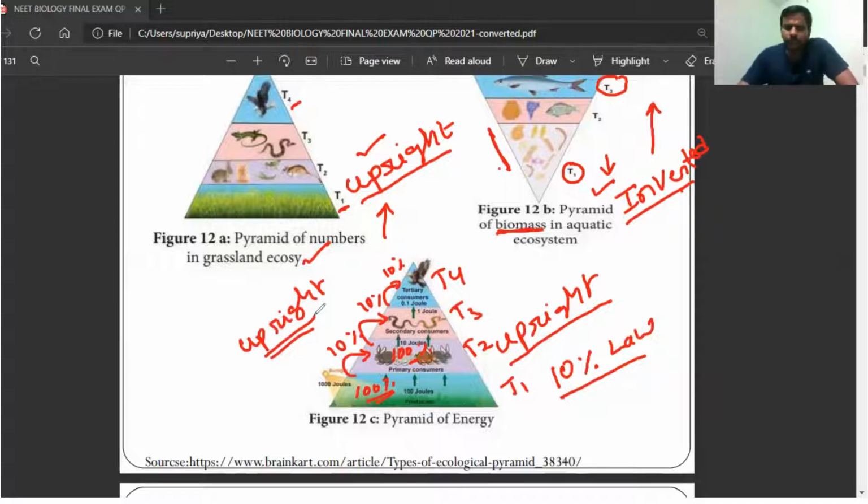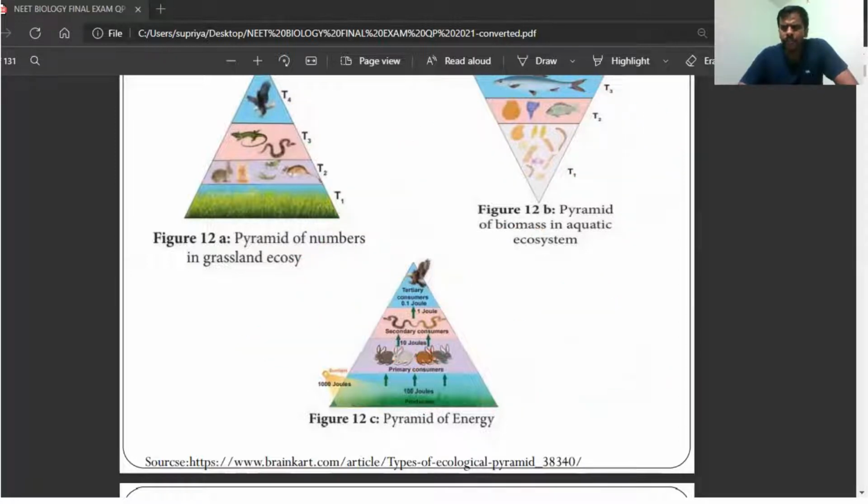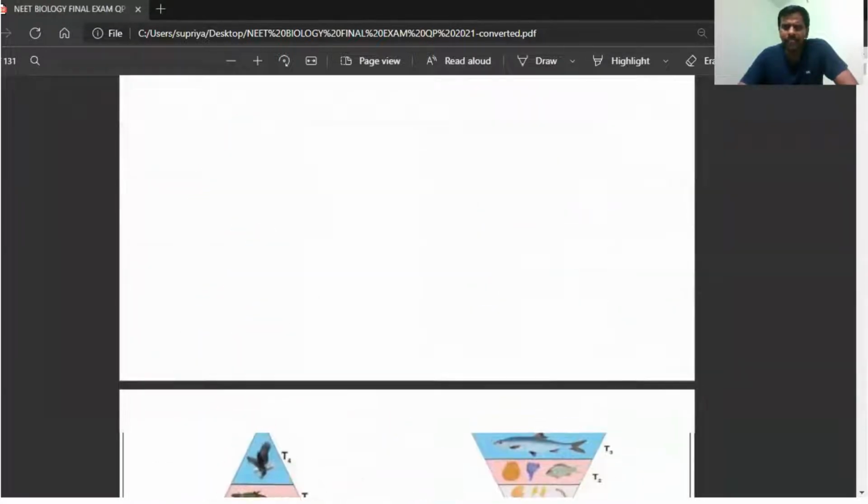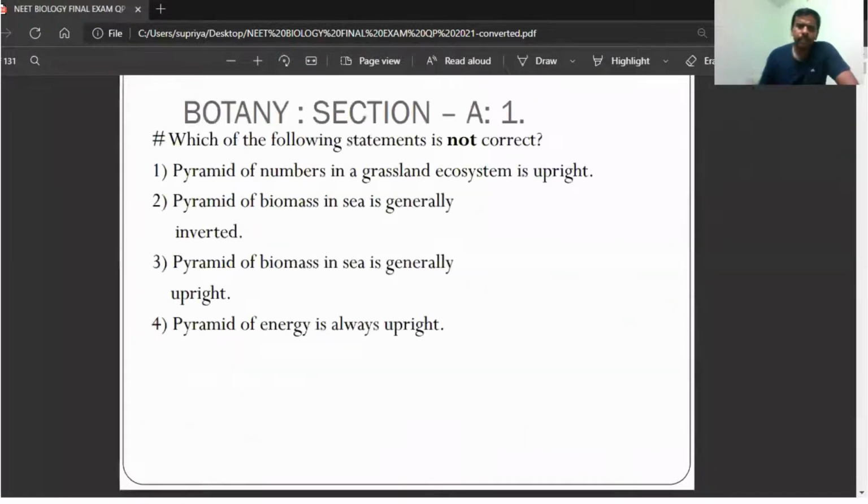Now we have seen the different types of pyramids in different ecosystems. Now again we'll go to the options. Once again we'll check the options, then select the incorrect option. See, students, once again read the options. The pyramid of numbers in a grassland ecosystem is upright. This option is correct.